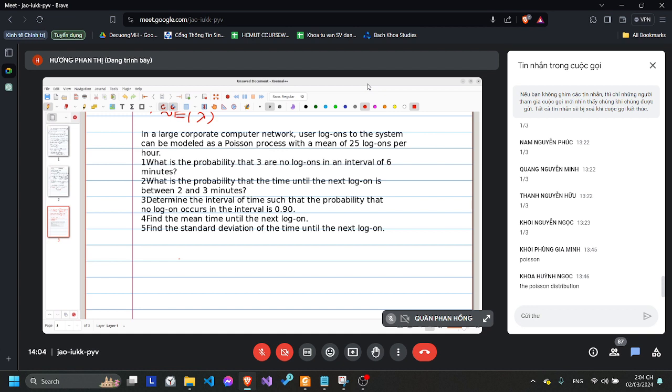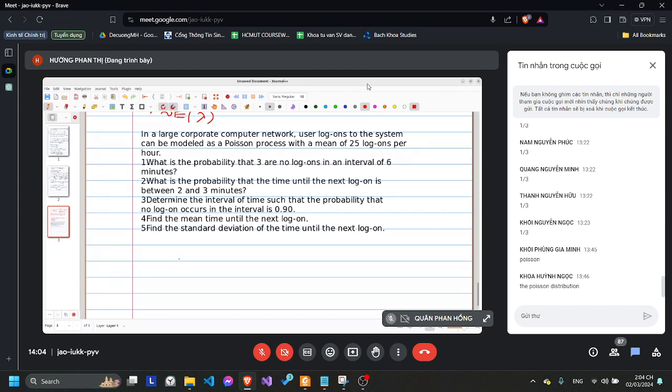And it's already said that the number of log-ons to this network follows the Poisson distribution. Process means that every hour is still the same: the first hour, the second hour, the next hour is still Poisson with 25 log-ons. So question 1: what is the probability that there are no log-ons in the interval of 6 minutes?